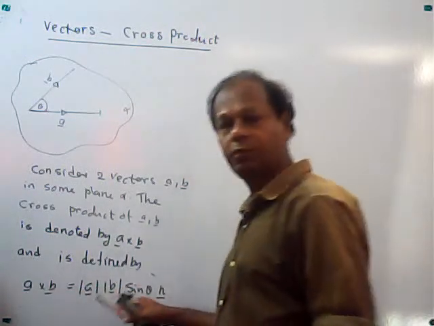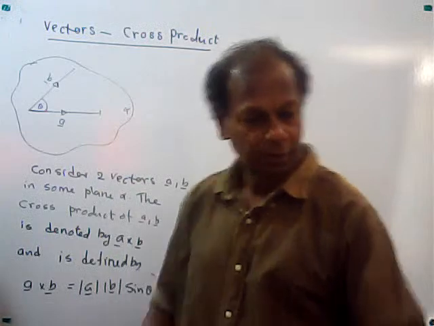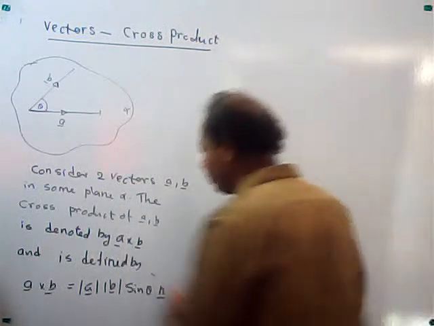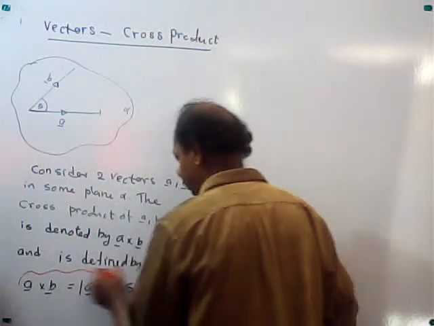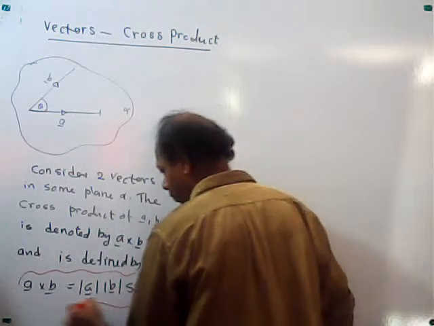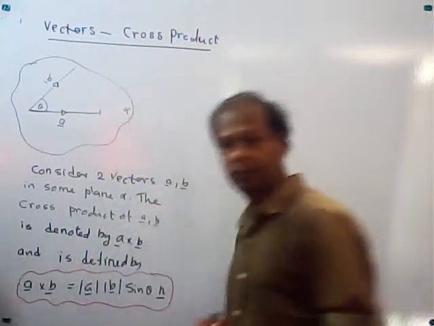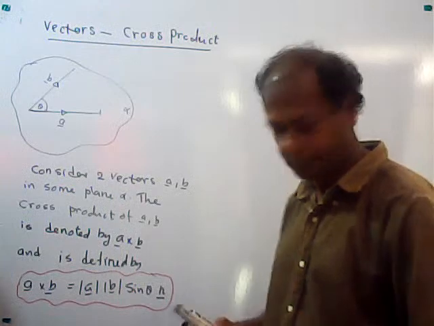Mod of A, mod of B, sin theta into n. So this is the definition of the cross product. So what is this n?